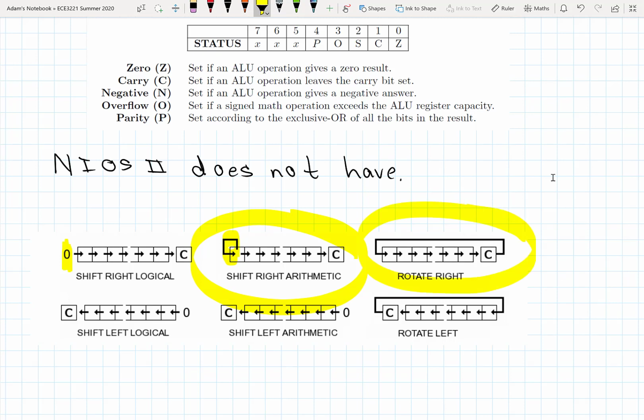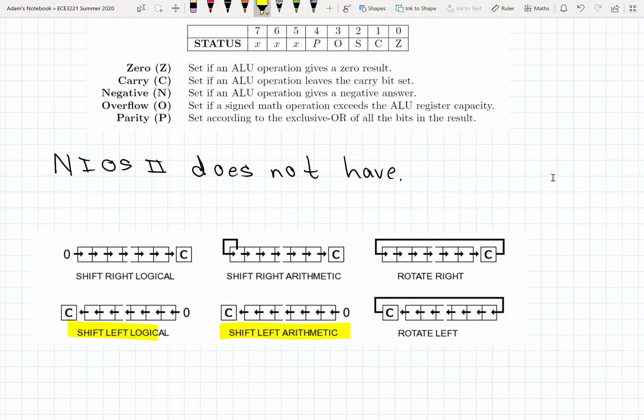A rotate right is a much different operation where the value that falls out of the least significant bit is rotated back into the most significant bit. You will note that for a shift left operation, shift left logical and shift left arithmetic are identical, because there is no need to retain a signed bit in this case.